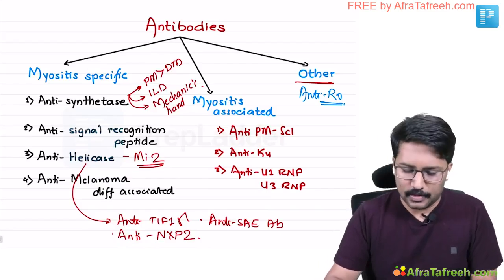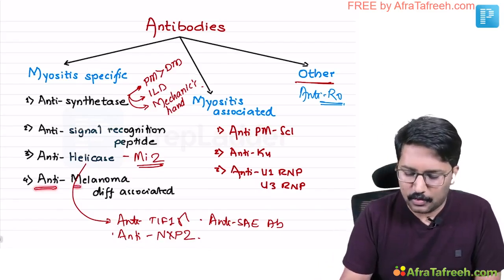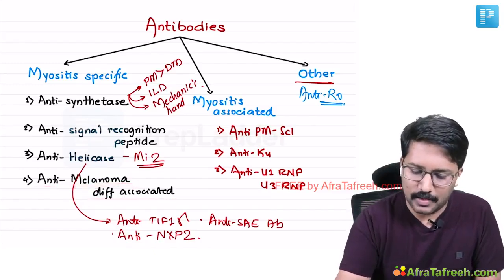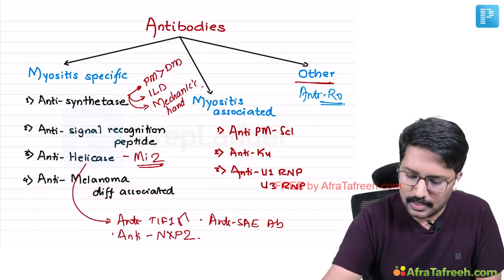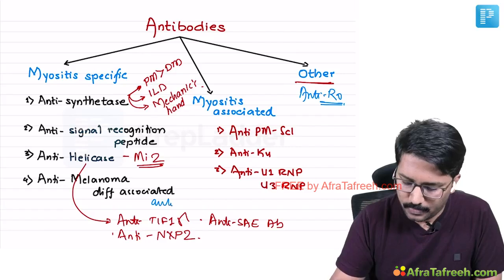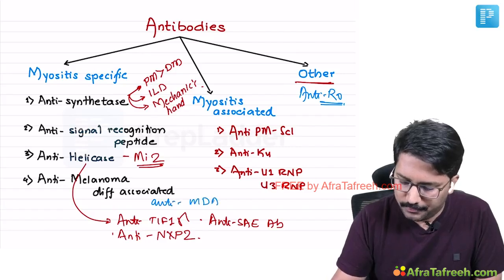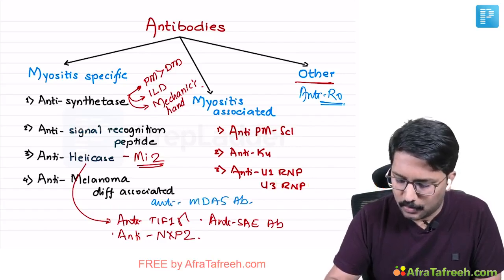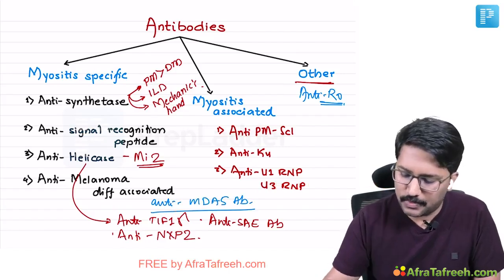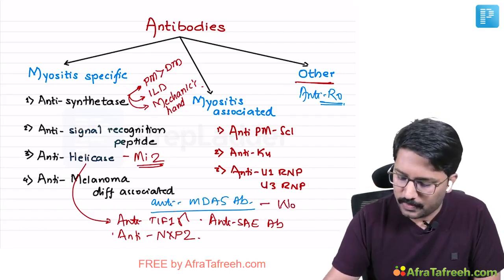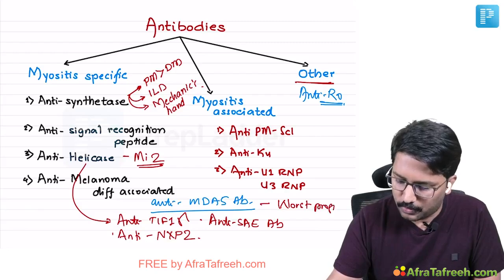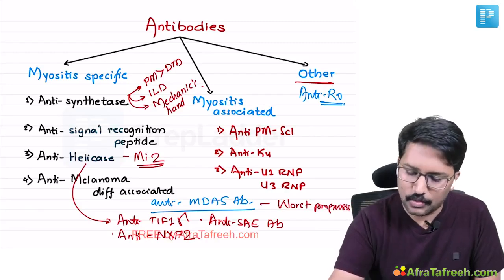Okay, now coming to the last one, anti-melanoma differentiation-associated antibody, which we also call anti-MDA5 antibodies, right? Now this is the one which is associated with the worst possible prognosis. What does this correlate with?